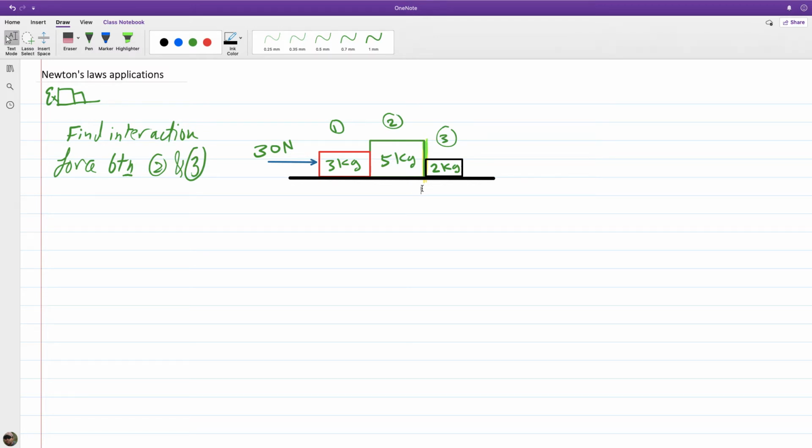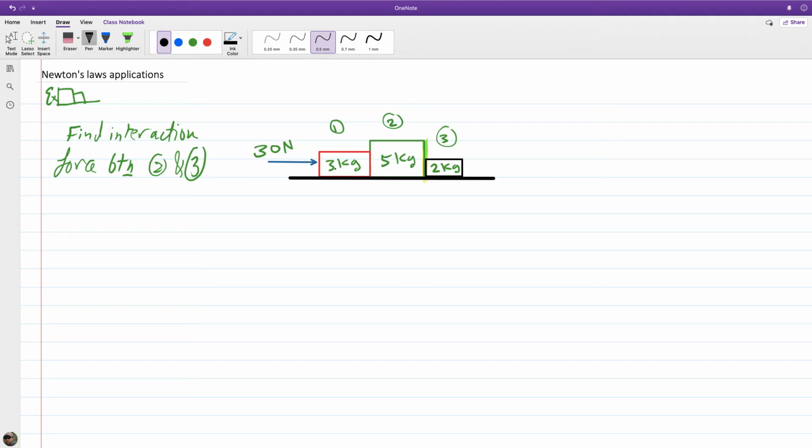So how do we solve a problem like this? First of all, we have to pay attention that this 30 Newton pushes on the 3 kilogram, and the 3 kilogram pushes on the whole 5 kilogram and the 2 kilogram. So basically, the 3 kilogram is pushing on the 7 kilogram.